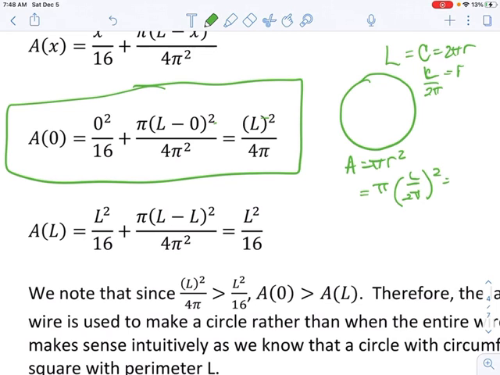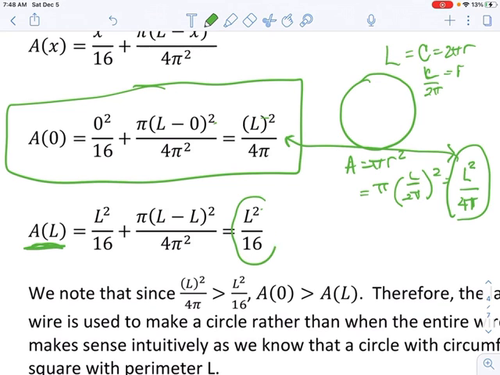So we end up with L squared over 4 pi. I just wanted to check that to show you how cool that is, that it does make sense, that it does work. At the other end, if we put L in, that's when you have only boxes, which is L squared over 16.